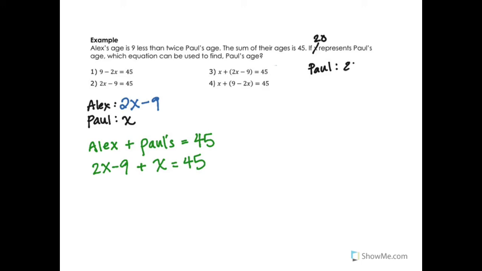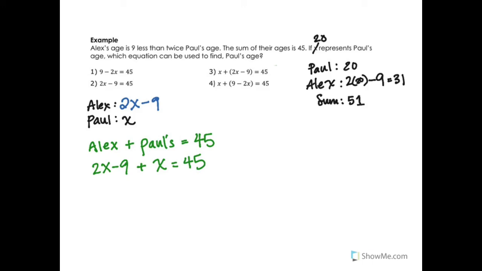Well, then how old does Alex have to be? If Paul is 20, Alex is 9 less than twice his age. So 2 times 20 minus 9. And that's going to give me a total of 31. Now the sum of their ages would actually be 51, right?